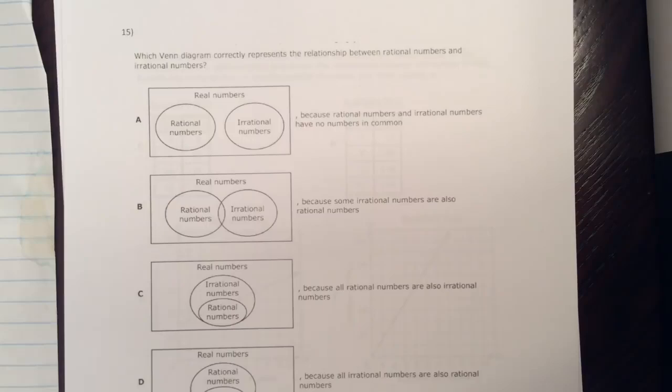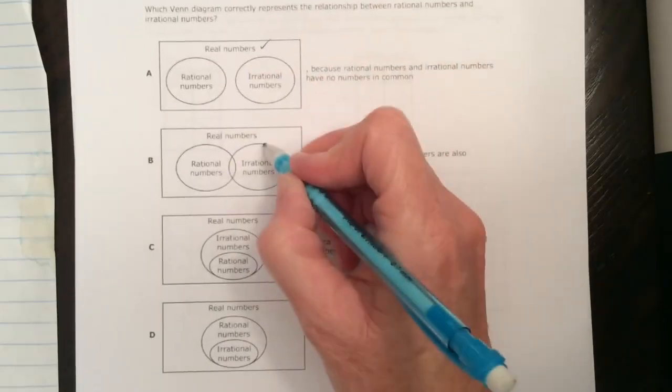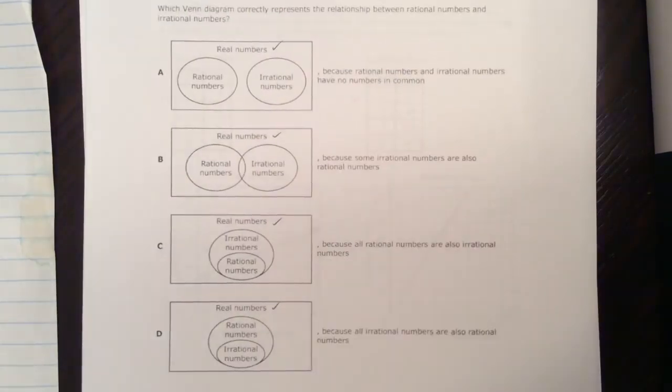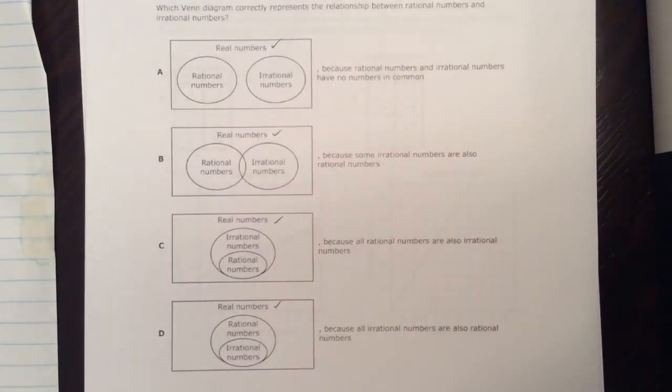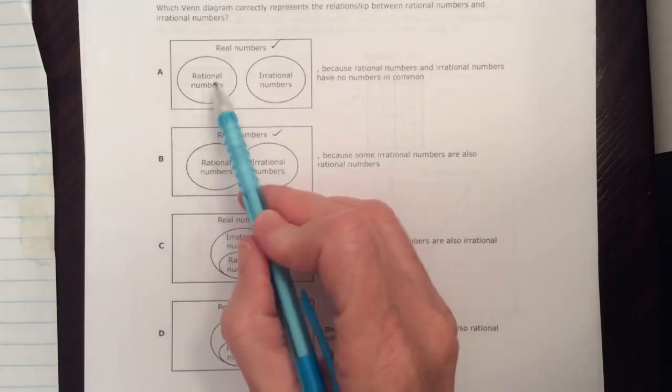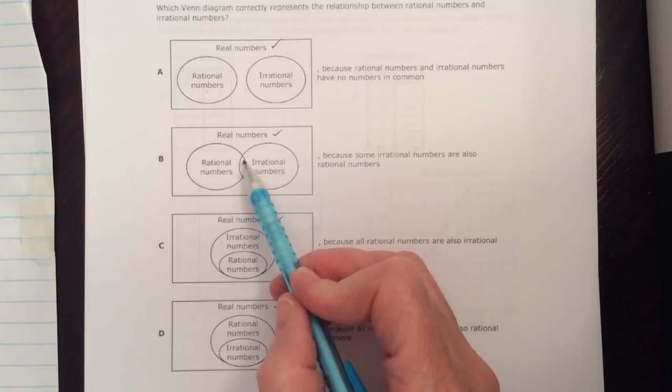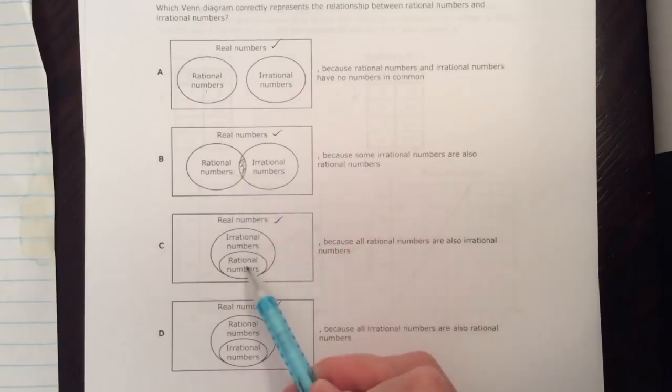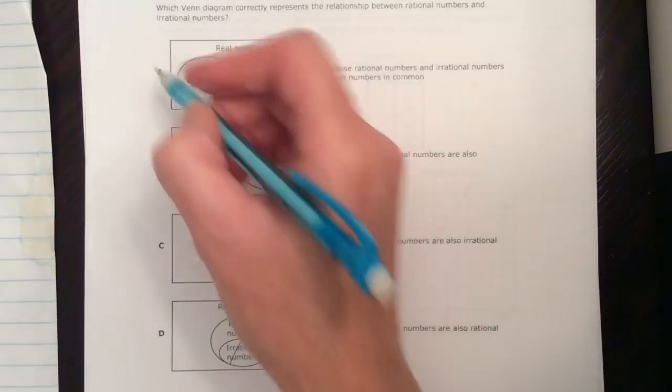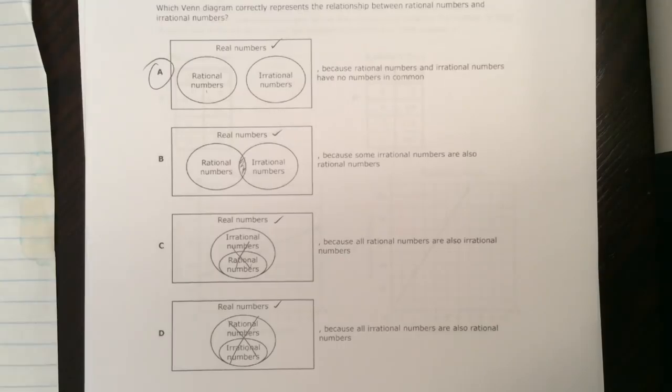And they're both categories of real numbers. So each answer has the real numbers, but there's only one that's going to work because it is the only one that's not connected. These are connected here. This one's within this one, and this one's within this one. Those are not correct whatsoever. It is A.